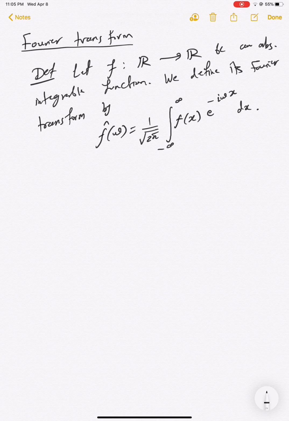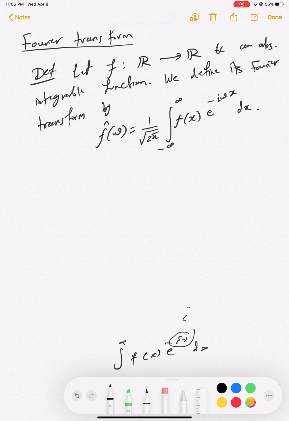Again, at first glance, when you look at this definition, there are some similarities between this and the Laplace transform. The Laplace transform was the integral from 0 to infinity of f of x e to the minus sx dx. So now we have basically two differences: from minus infinity to infinity instead of 0 to infinity, and an extra i in the exponent in the definition of the Fourier transform.